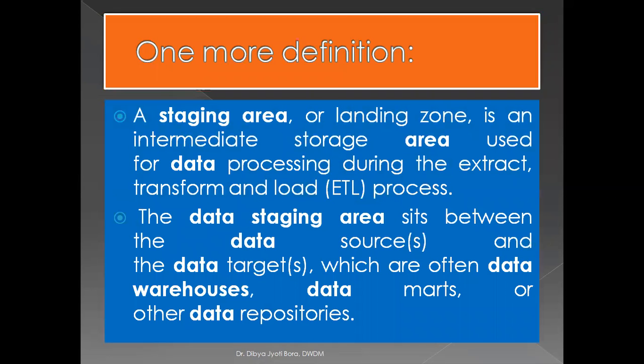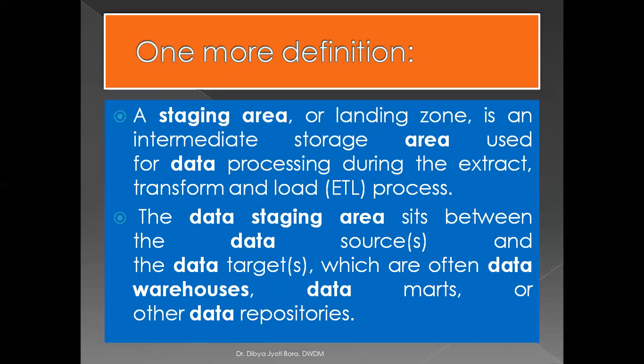One more definition is that a staging area, sometimes also known as a landing zone, is an intermediate storage area that we use for data processing during the extract, transform, and load process.